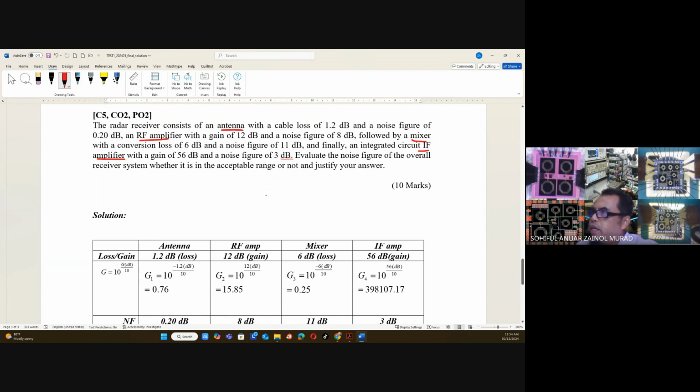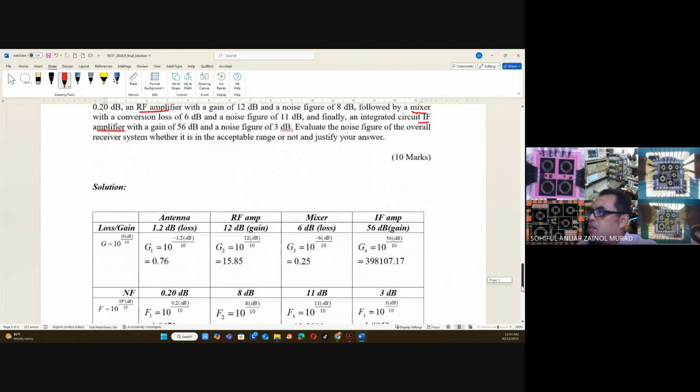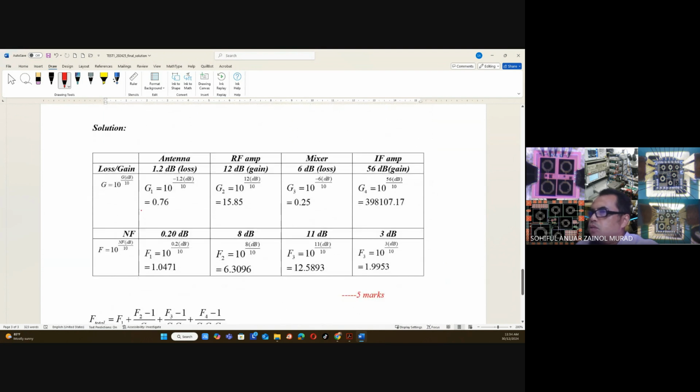So we need to calculate the overall system and then justify the range, whether it is accepted or not, and give the reason. So we apply the equation to calculate gain and also noise figure. Just apply this equation for the antenna, RF amplifier, mixer, and IF amplifier. We know that losses should be negative.